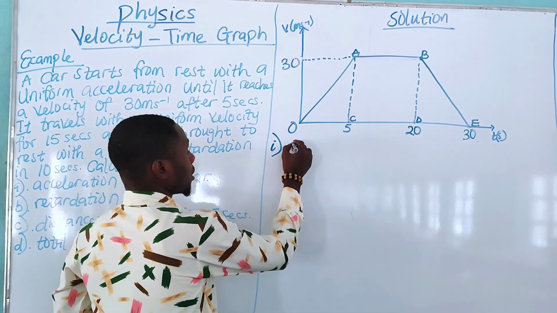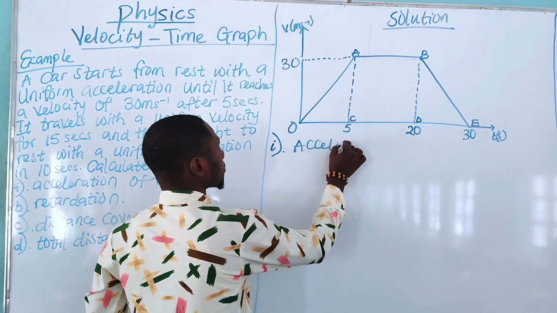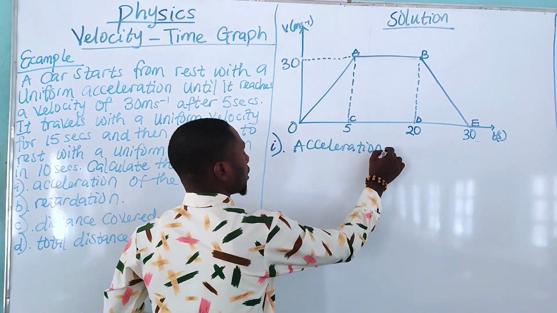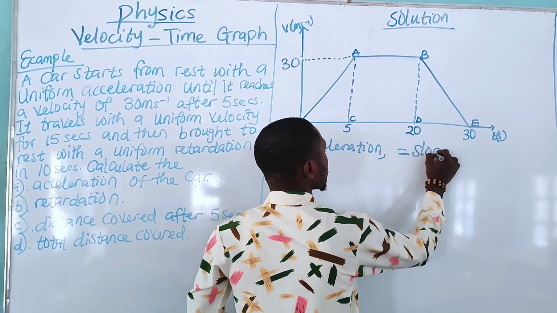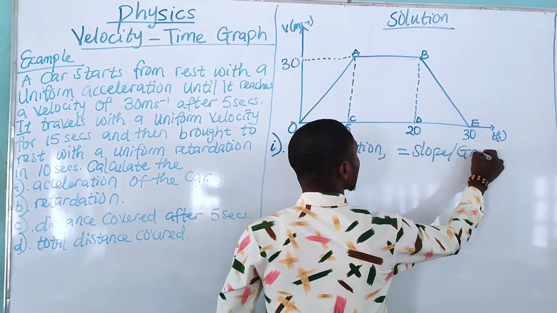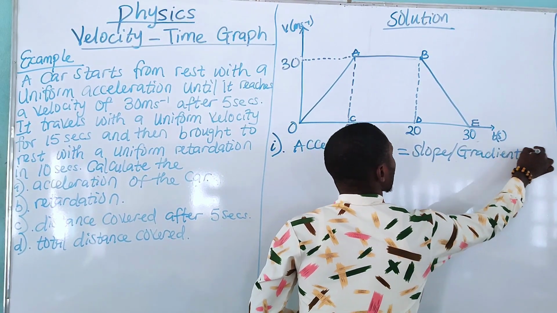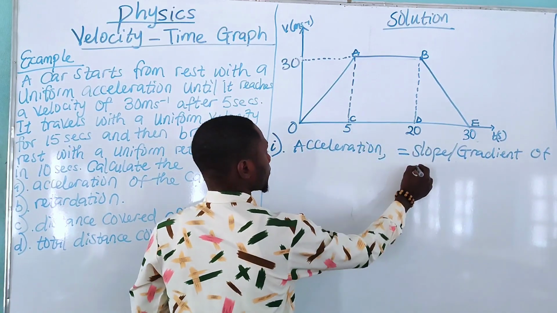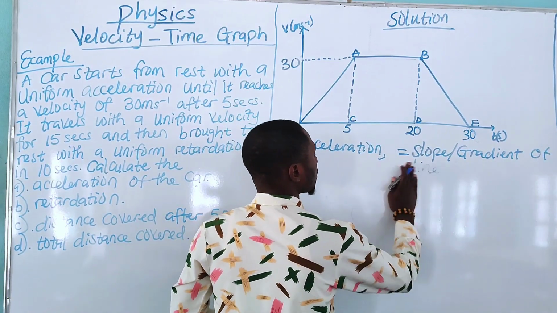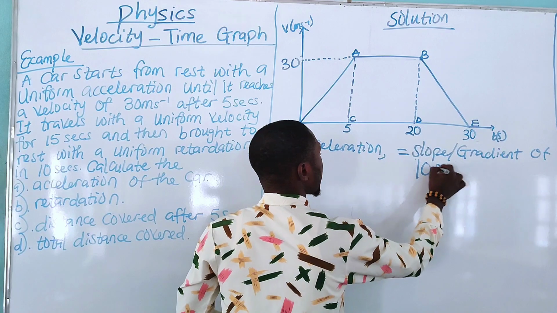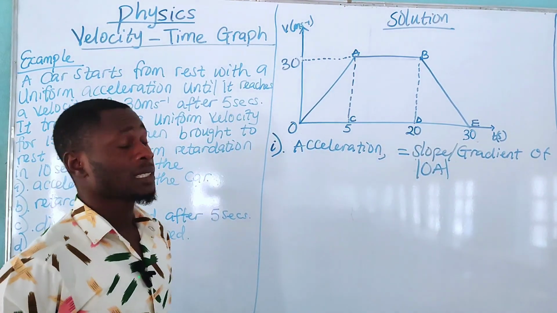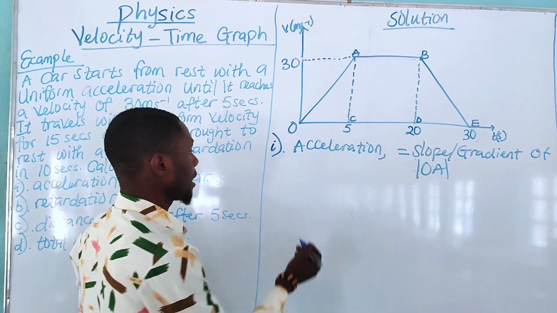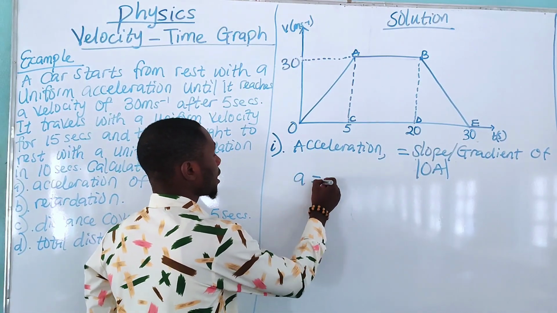So firstly, acceleration is equal to the slope or the gradient of line OA. That gives us the acceleration of the car. And how do we obtain that acceleration now?